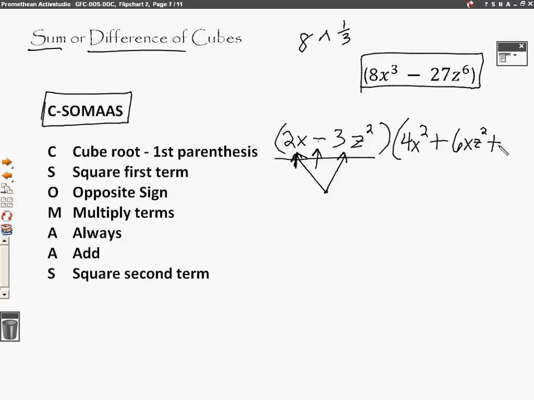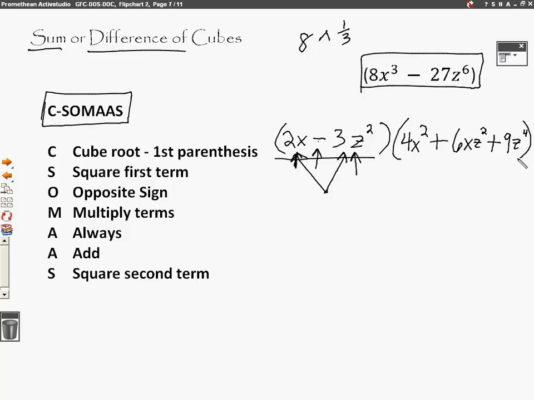And then the second S down here is to square the second term. 3 squared is 9. This is z squared. When you square something, you multiply exponents. 2 times 2 is 4, so we get z to the 4th power. That is C SOMAS.